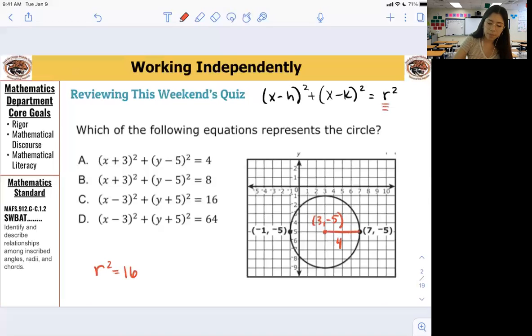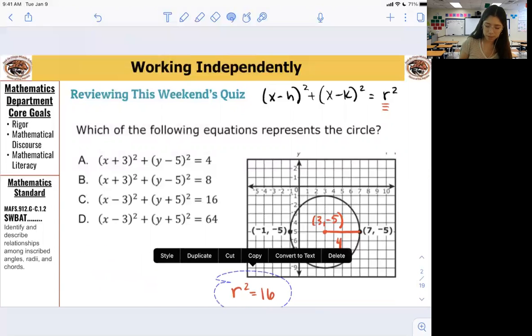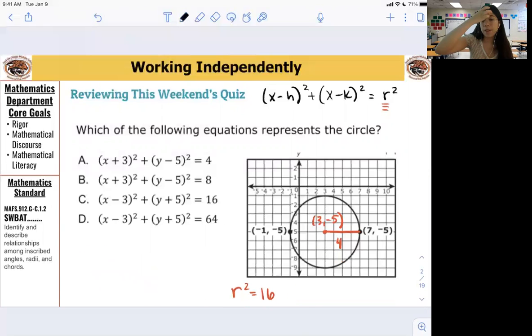And you just have to remember that when it goes into the parentheses, those numbers, what happens to them? I'm pretty sure I put C or D in the quiz. My question is, if the center is 3 comma negative 5, what happens when it goes into the parentheses?